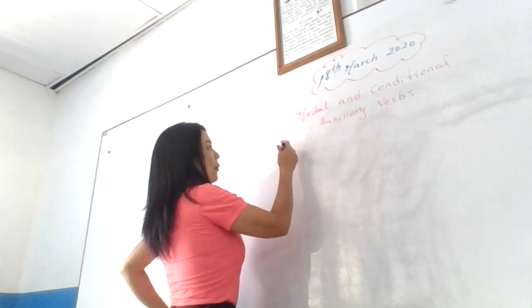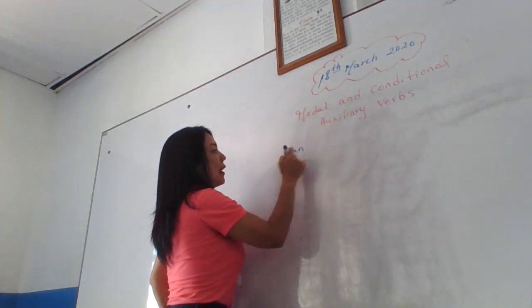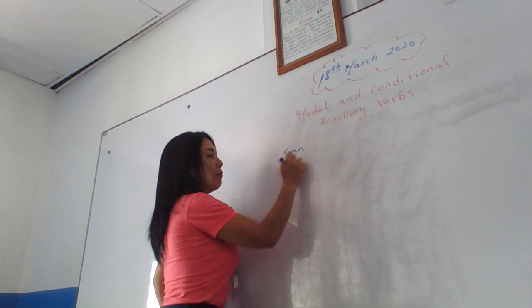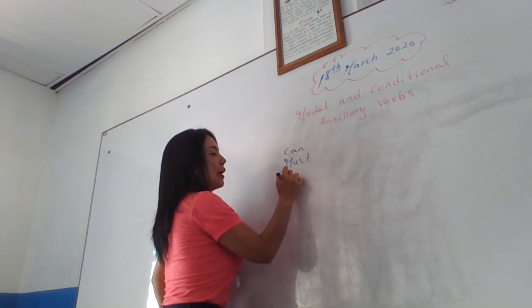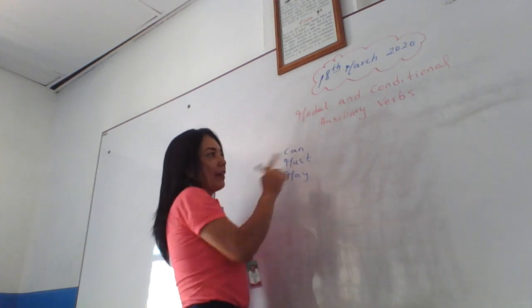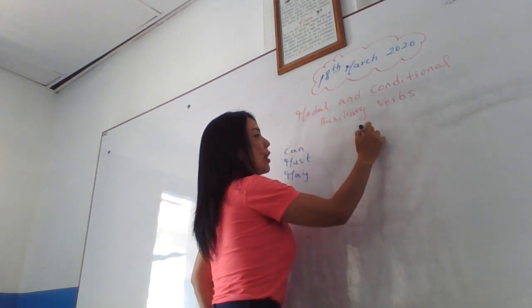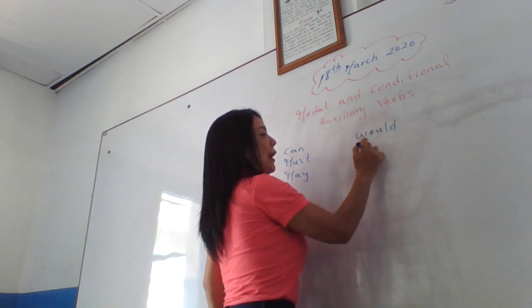Remember, we are going to remind them: can as a modal verb, must, and may as another modal verb. So they are the most common. Now, talking about conditionals, would and should.